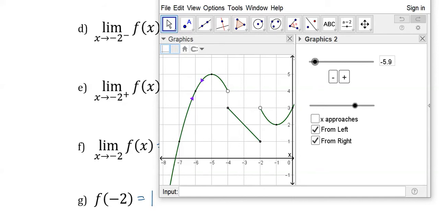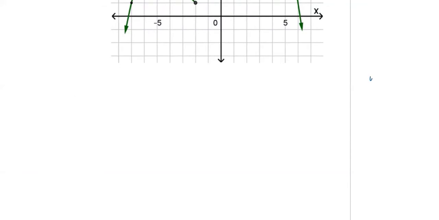Naturally, that makes sense. Whereas in this case, it's approaching something from the left and something from the right, but those things are different. That's a key aspect of limits: they have to be approaching the same value. It has nothing to do with the value of the function at that point. Interesting. We're going to see that in a moment. Okay, so we're going to write down this formal definition here.